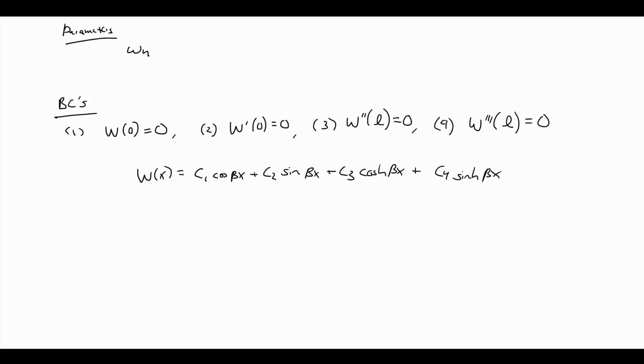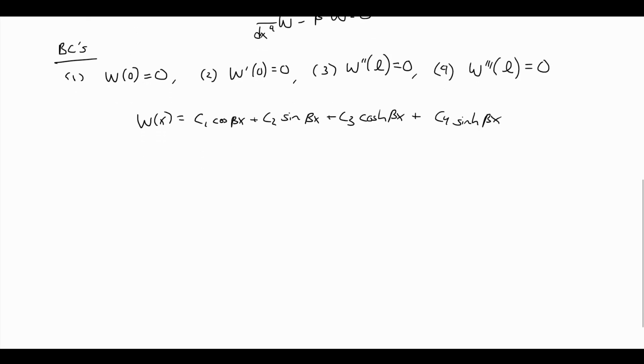That's the assumed solution we get because we have this d to the 4th dx to the 4th w minus beta to the 4th w equals 0, which is the ODE for w that we get from making that separable equation. So this is the assumed solution, or the form of the solution for this 4th order type of problem. So that's where this w of x comes from.